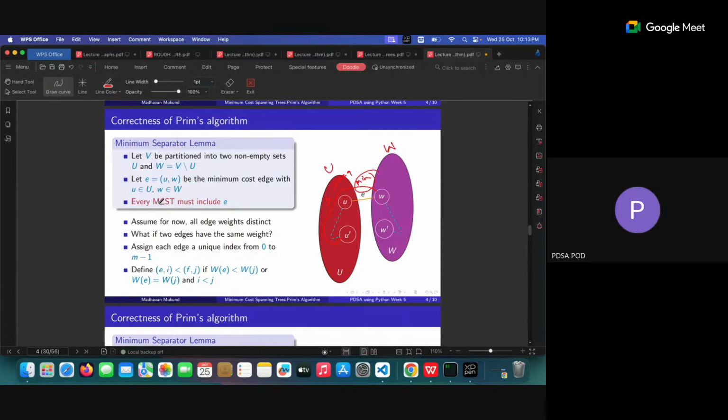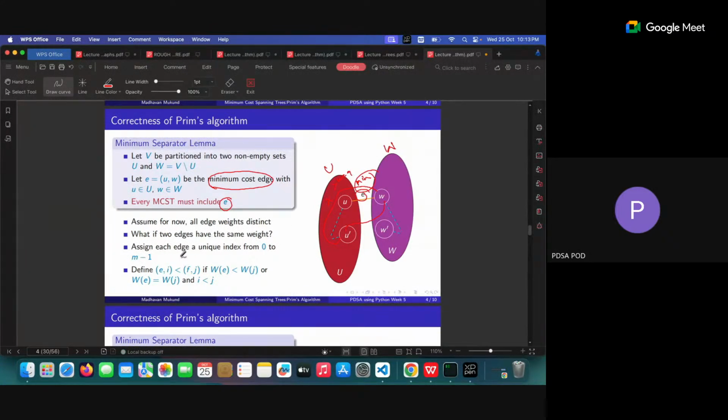So every MCST must include the edge E, where E is the minimum cost edge. You might have multiple paths connecting these sets, but we consider only the minimum one. That minimum is added to the MCST. That's called a minimum cost spanning tree.